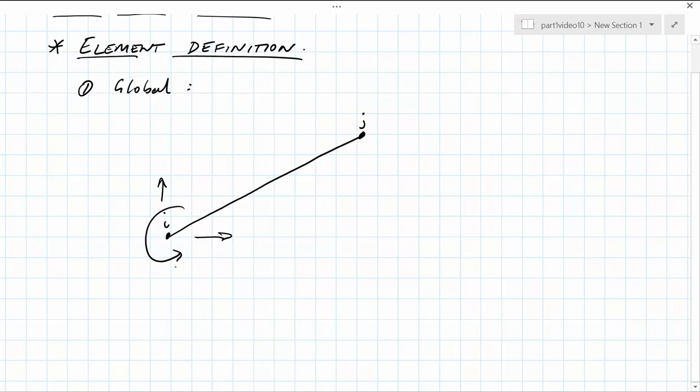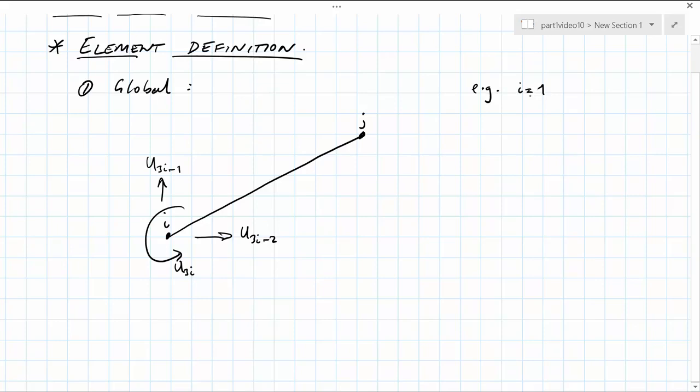We label these as U3I minus 2, U3I minus 1, and for the rotation, U3I.